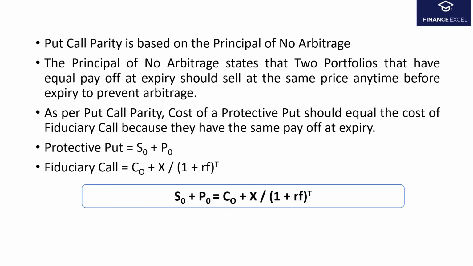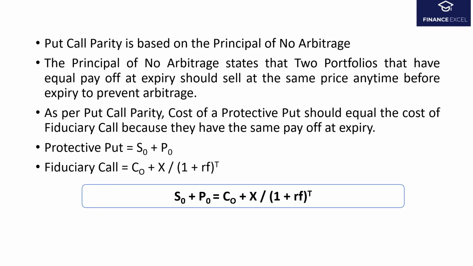As per put call parity, the cost of a protective put should equal the cost of a fiduciary call, because the protective put and the fiduciary call would have the same payoff at expiry. Now, what is a protective put?